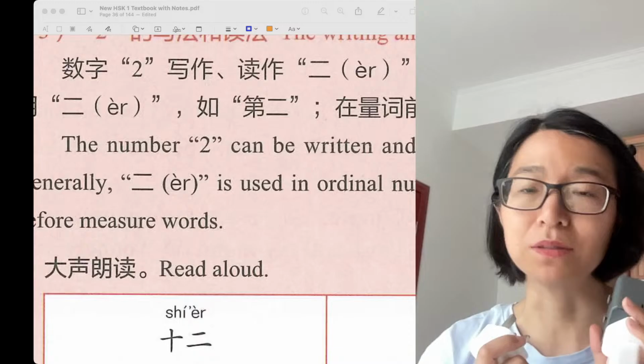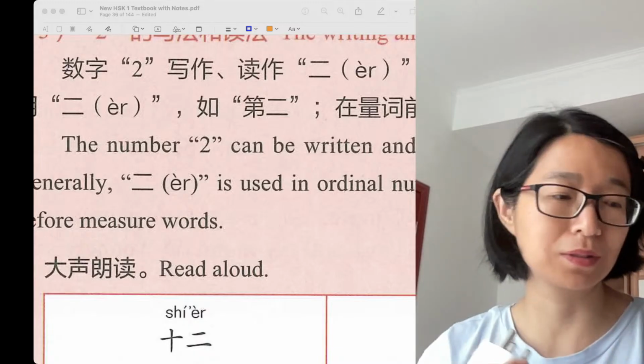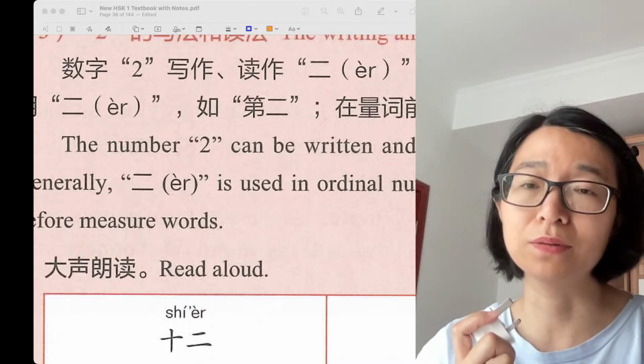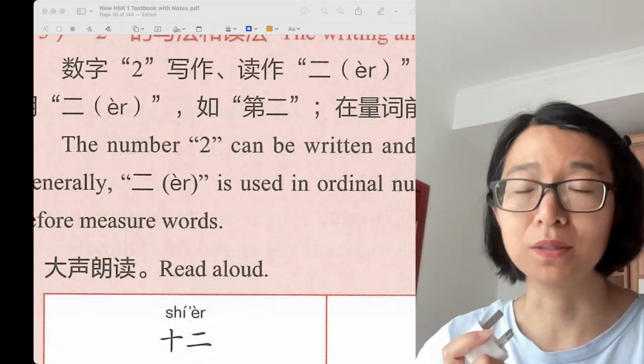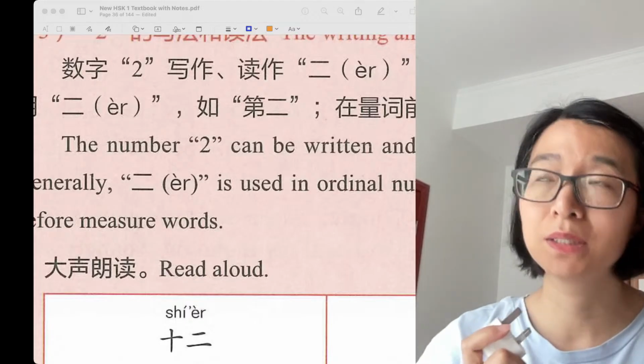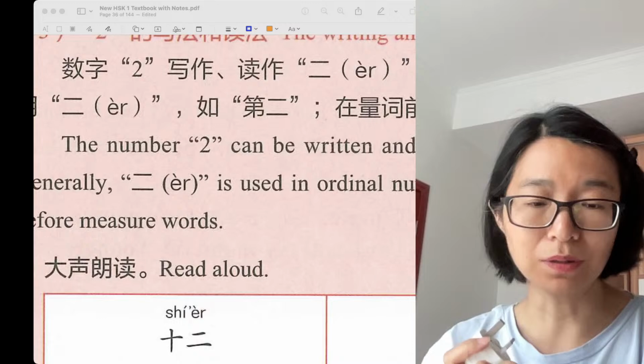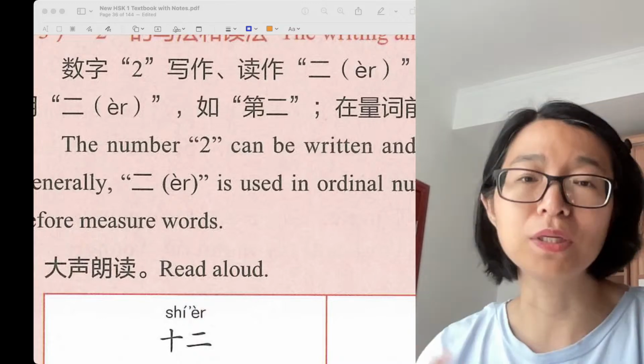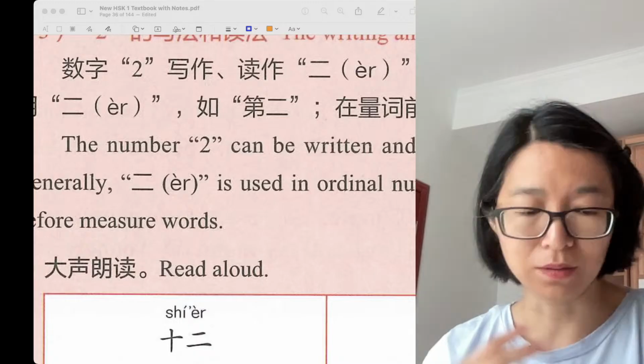Second thing you need to pay attention to is the measure word. A measure word is required between number and noun. So 两个充电器.